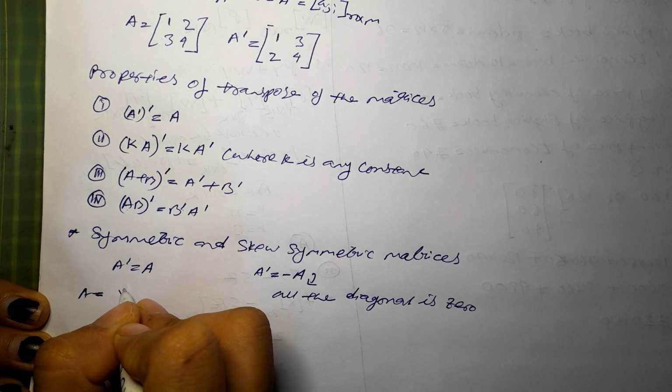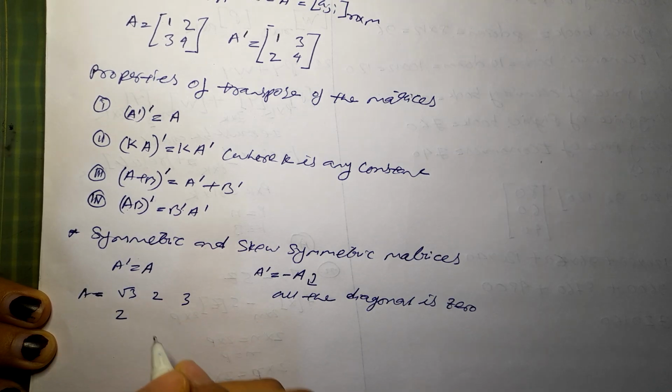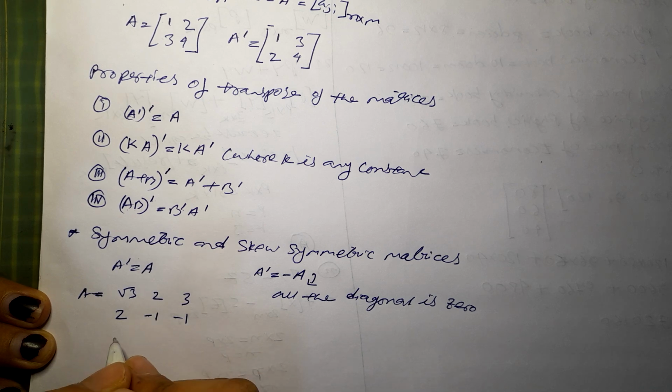A is equal to root 3, 2, 3, 2, minus 1, 3, minus 1, 1.